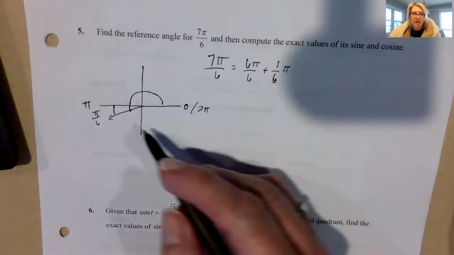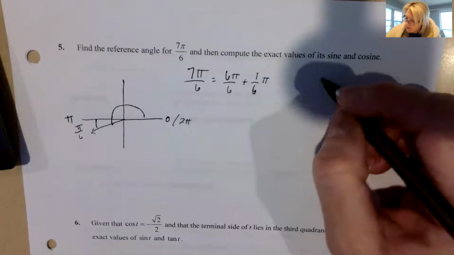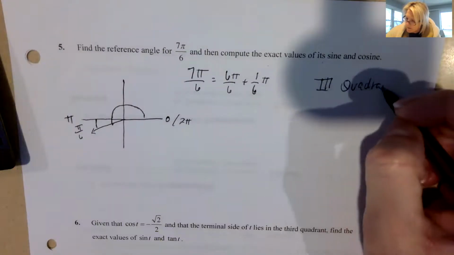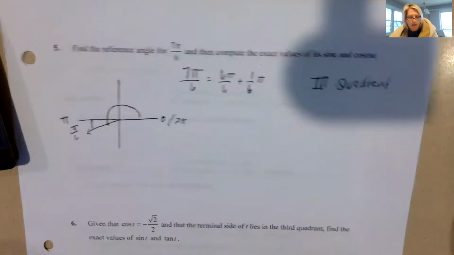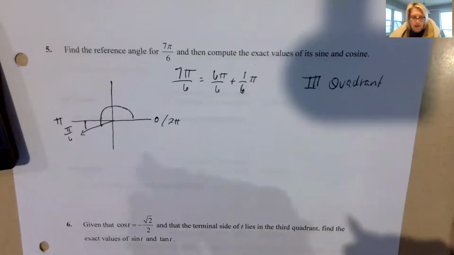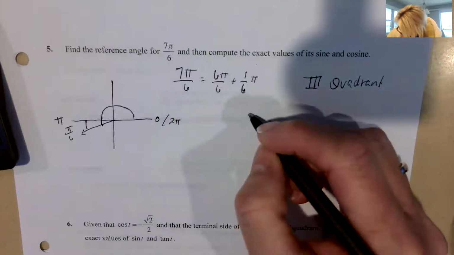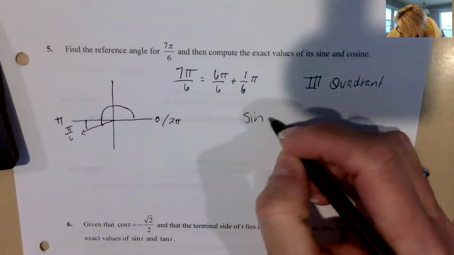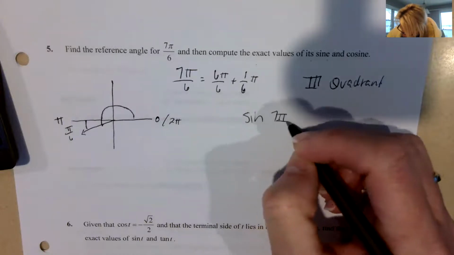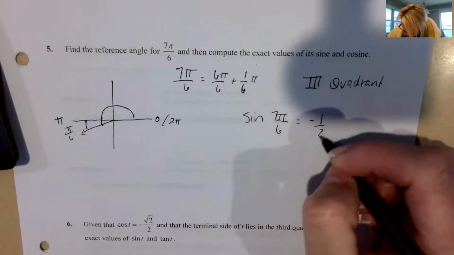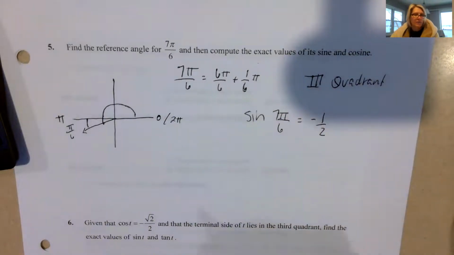That means we're in the 3rd quadrant. So in the 3rd quadrant, sine at 7 pi over 6 is negative 1/2 when we look at our sheet.